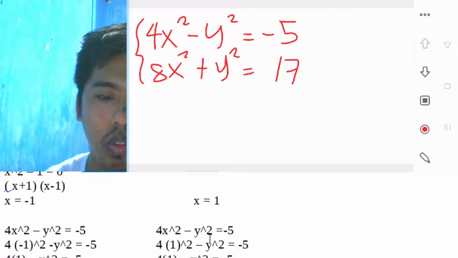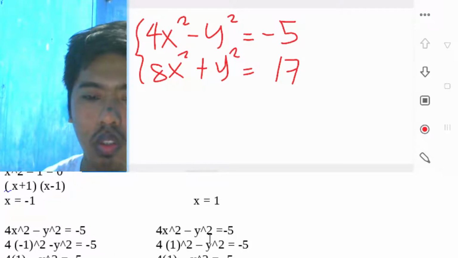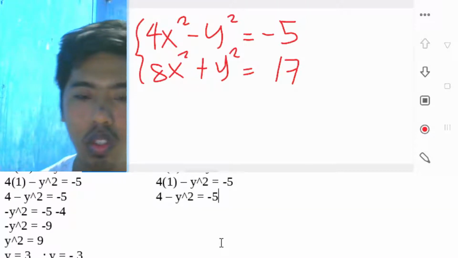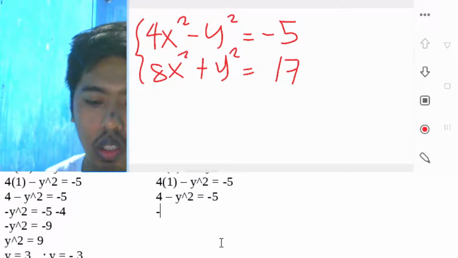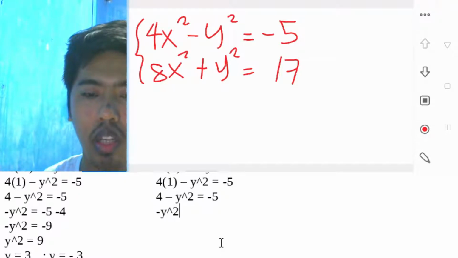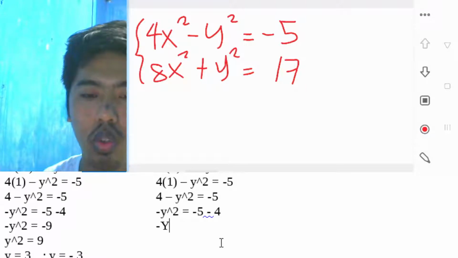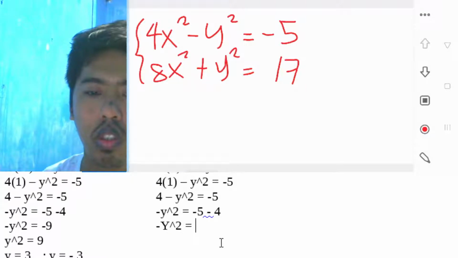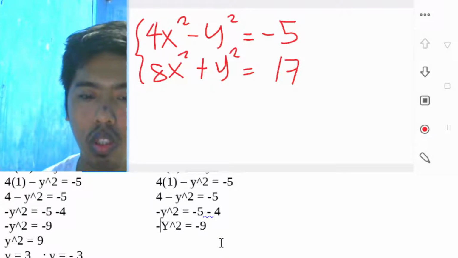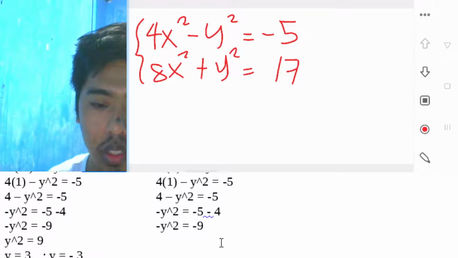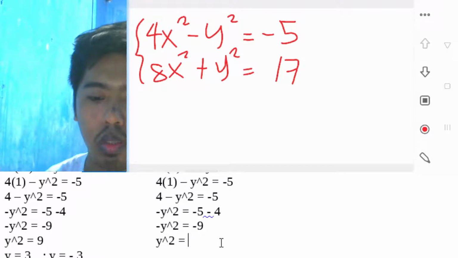Next, negative y squared, same answer, negative 5 minus 4, negative y squared equals negative 9, so y squared is positive 9.